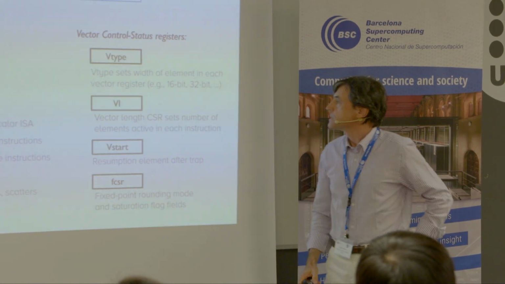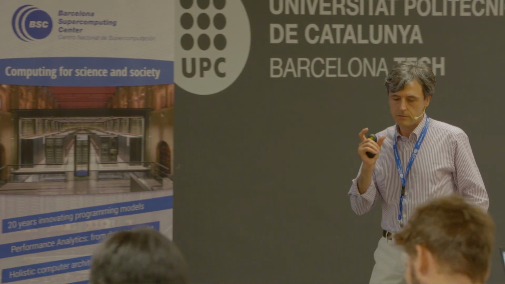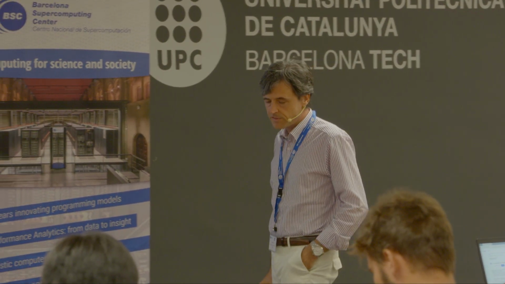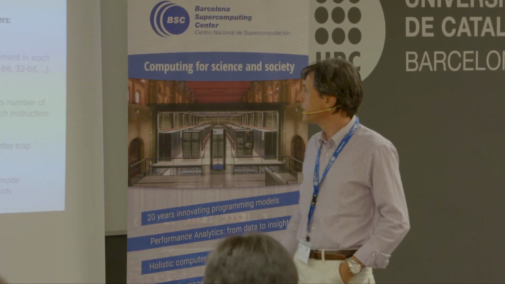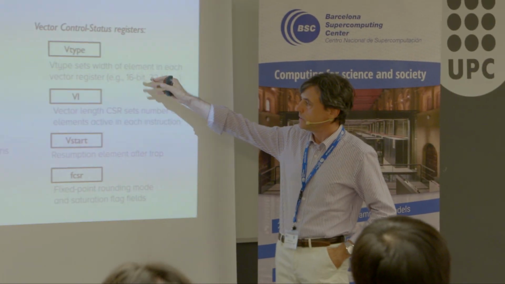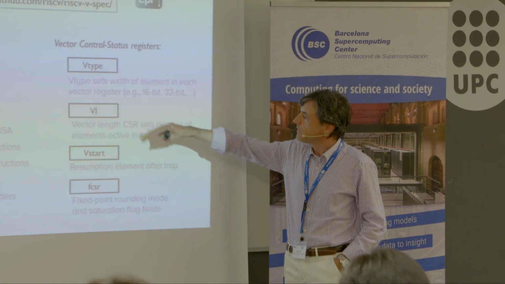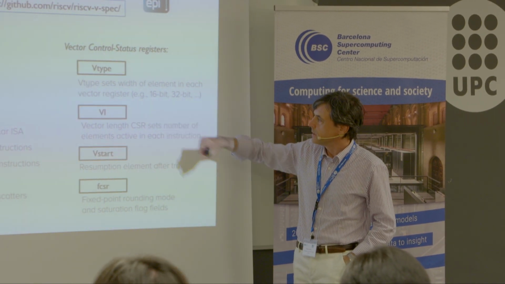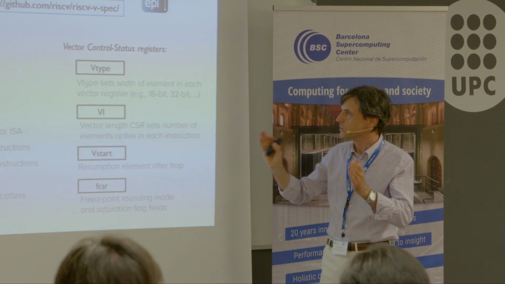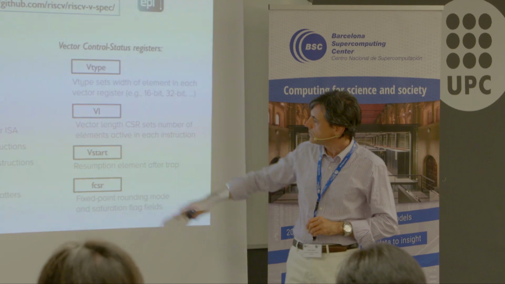V-type specifies, in particular, the width of the single element of the vectors, and the type also, maybe floating point or integer. Vector length, the length that you target in your operation, is another control and status register.